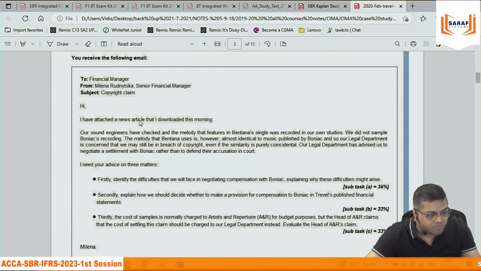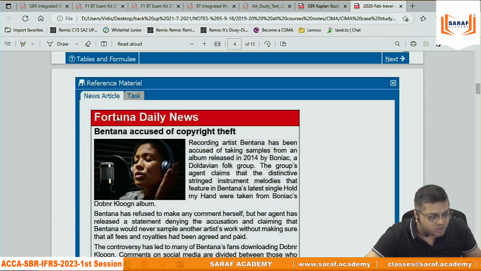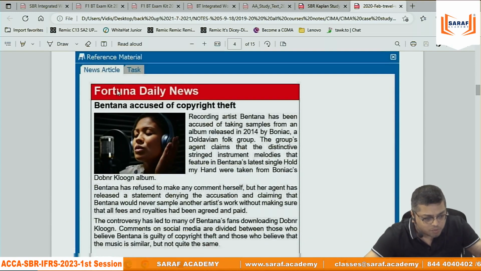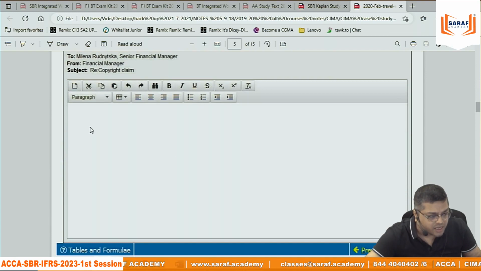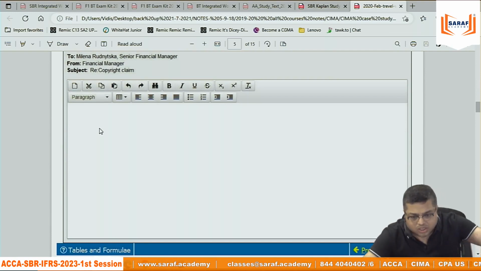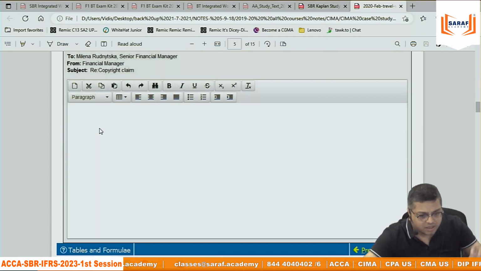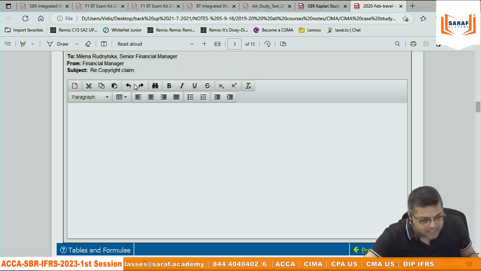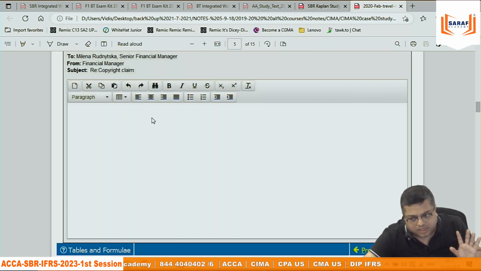Relating to the first part, there is some mail received from the CFO or some head, marketing head or somebody, and they are facing problems, some issues. They are asking 3 questions. And with those 3 questions, with some newspaper clips, some article, they are asking you to write the answer. In CIMA, there is no Excel, only a Word file. Those Word features which are there in the ACCA exam are there for CIMA students.